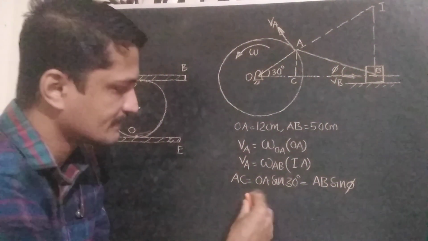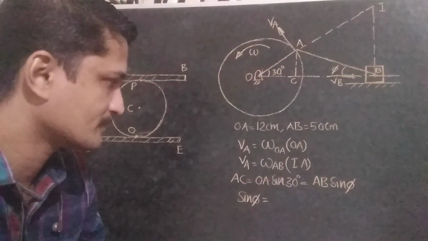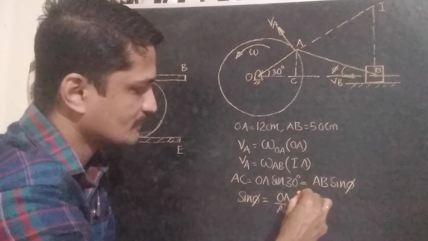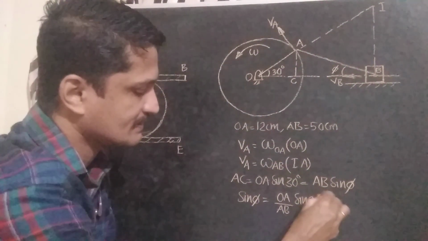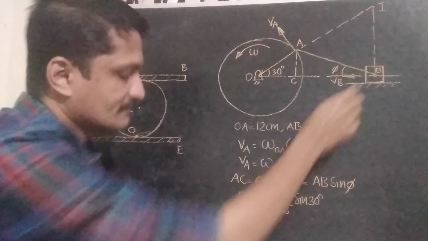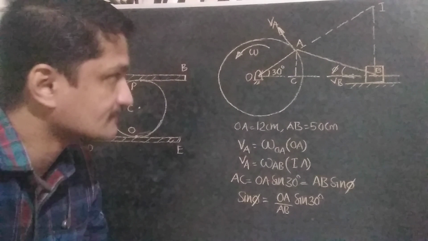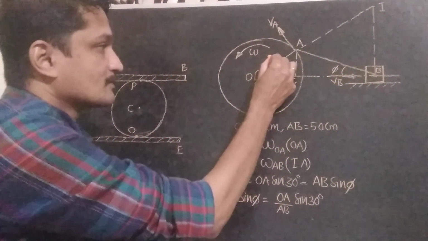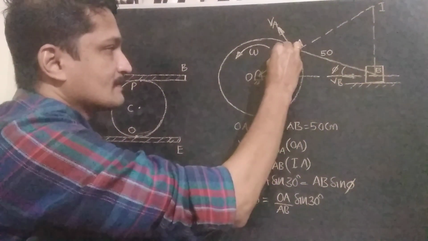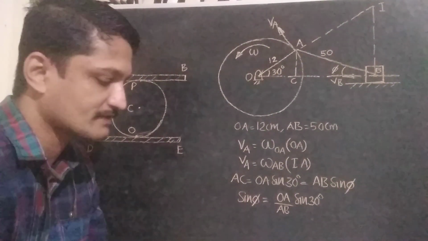Then sin phi is equal to OA by AB into sin 30 degrees. OA is the length of the crank, equal to 12, and AB is the length of the connecting rod, equal to 50, which is also given. Then sin phi is equal to 12 by 50 into sin 30 degrees.